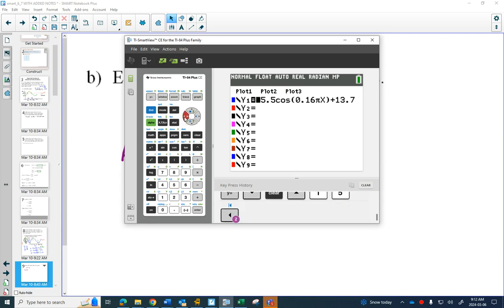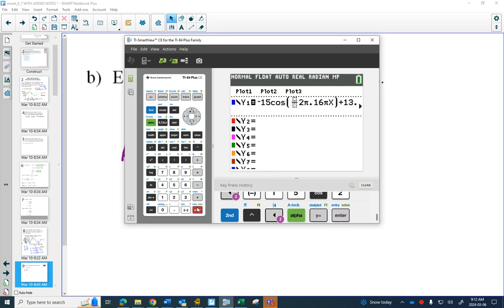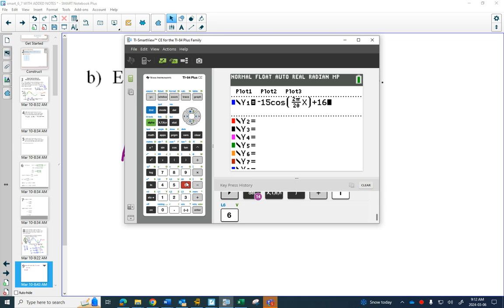I'm going to go with the easiest one: negative 15 cos of 2 pi divided by 20, and if you have the newest calculator, you can even use your fraction button, x, close that bracket, plus your d value, which was 16.